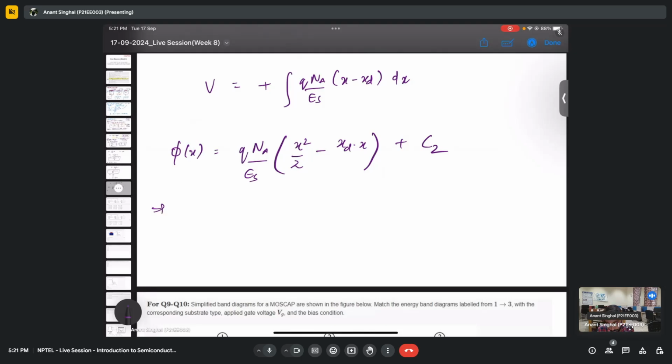Now applying the boundary condition again. Since we have a bulk p-type semiconductor, let's say it is at zero potential at x equals xd. So at x equals xd, psi is 0. So 0 will be QNA by epsilon S times (xd square by 2 minus xd square) plus C2.